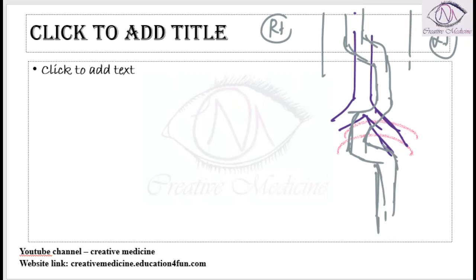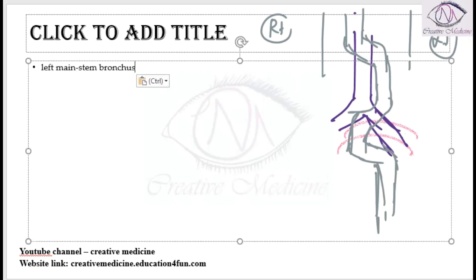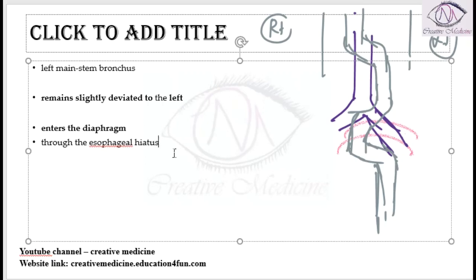So actually at the level of the left main stem bronchus it is slightly deviated to the left, and it enters the diaphragm through the esophageal hiatus, especially at the level of T10.